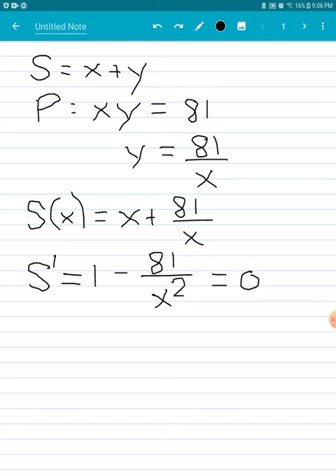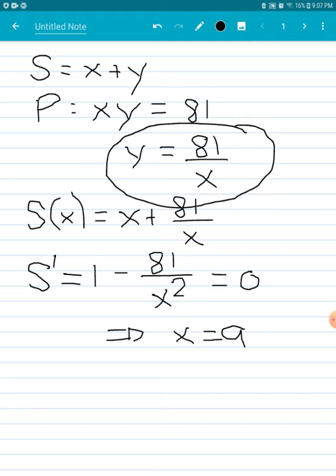We got from this equation x equals 9, and from this one we get y equals 9.